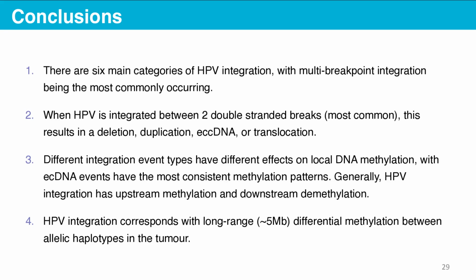Typically in the HPV genome, the more upstream portion of the genic region is more demethylated, and the downstream part is more methylated. And 4, the HPV integration corresponds with long-range differential methylation between allelic haplotypes in the tumor.